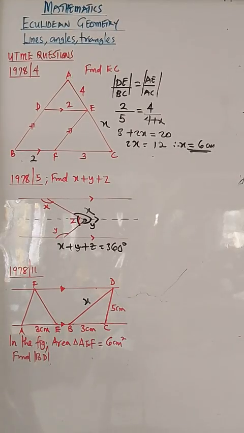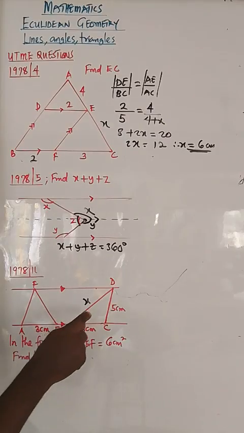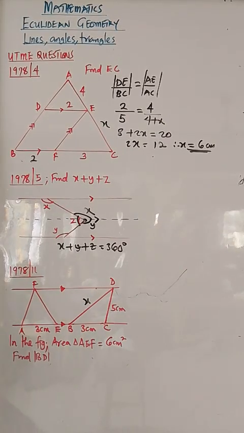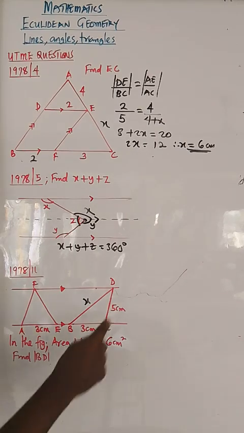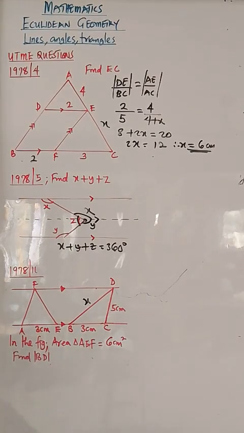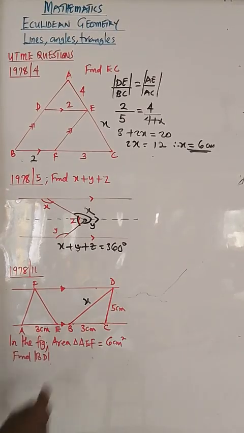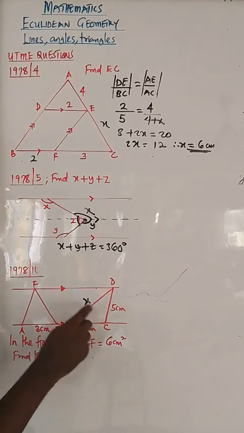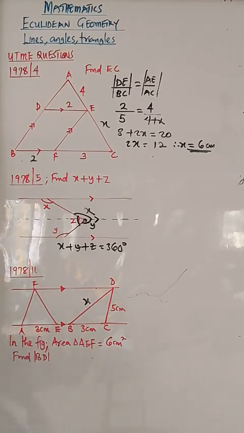For a triangle, if you want to get an unknown side and it is a non-right-angle triangle, you must know the other two sides and the angle that faces it, using the cosine rule. But if you don't know any angle, like in this case, no angle is given, but two sides are given, there is nothing you can do to get X unless you have the area of this shape.